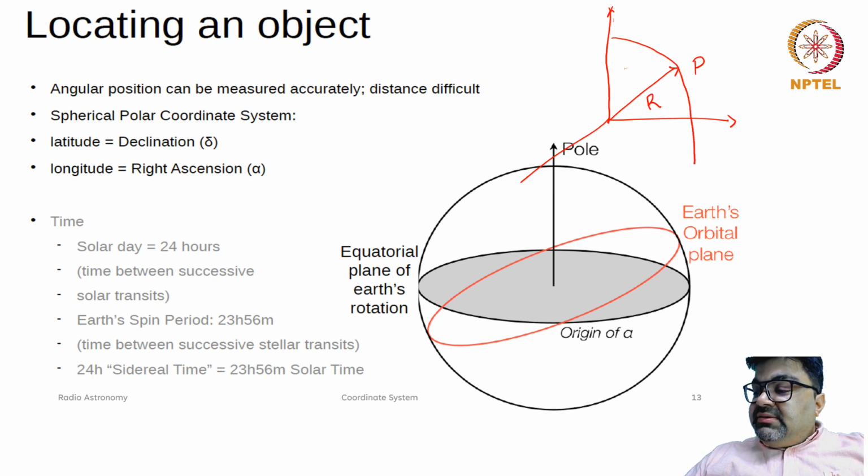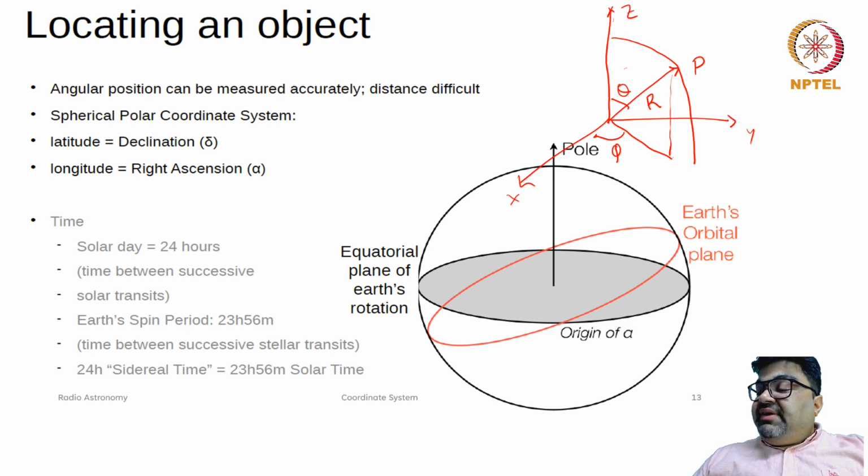The projection down here will cut an angle of theta and an angle of phi with respect to the two axes, right? So the x, y, and z axis.